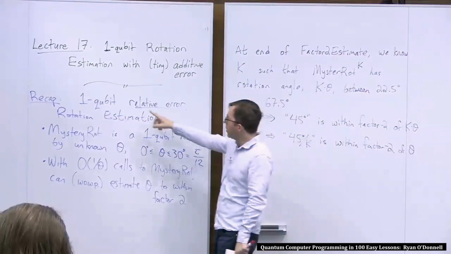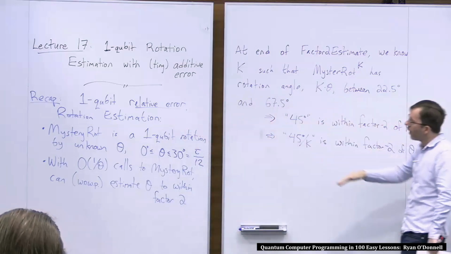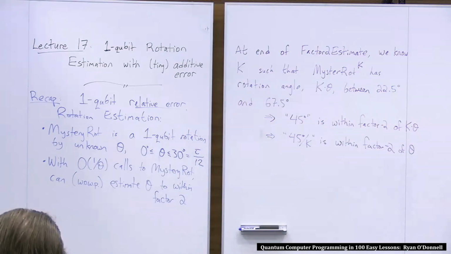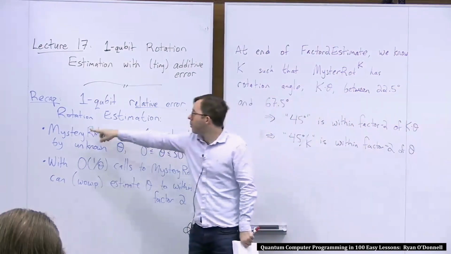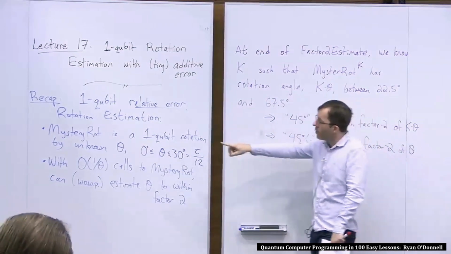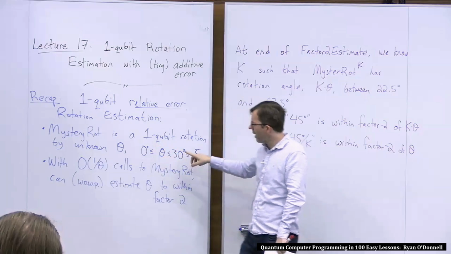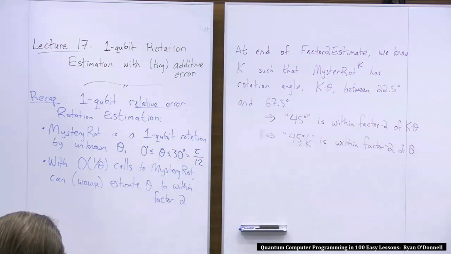We were talking about the rotation estimation problem when you have a 1-qubit operator, and we achieved this result called relative error. So the setup there is that you have some mystery rotation operation that rotates 1 qubit by some unknown angle theta. And we're trying to estimate this theta, and we had a somewhat simplifying assumption that it's between 0 and 30 degrees.